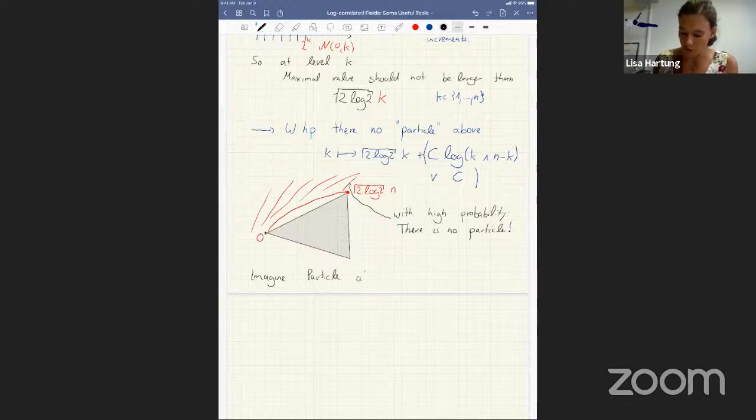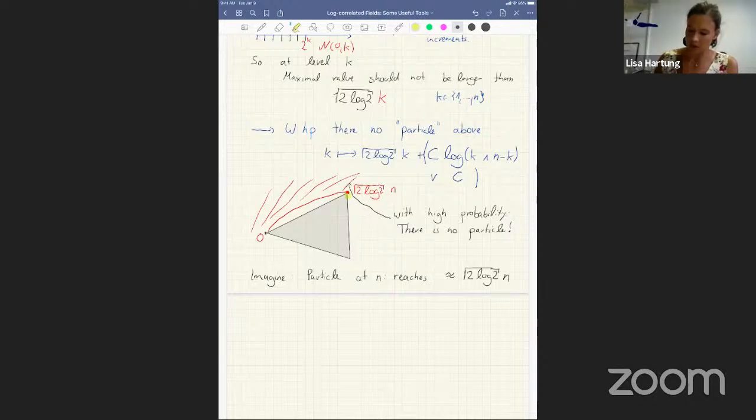So one of your random walks at time n reaches, to first order in some sense, square root 2 log 2 times n. So this means we actually find someone sitting over here. But now I've just tried to kill this. But now, we also know there's a path leading there.